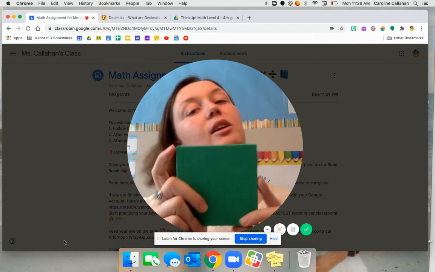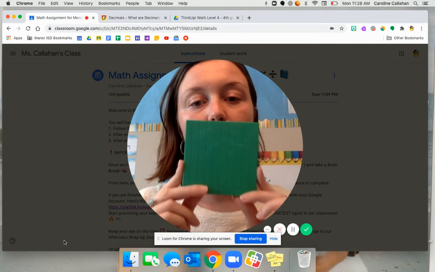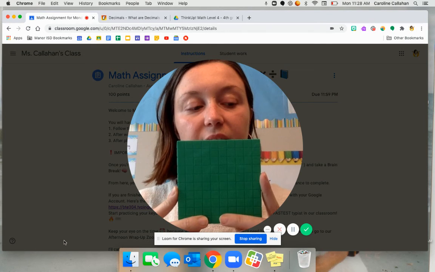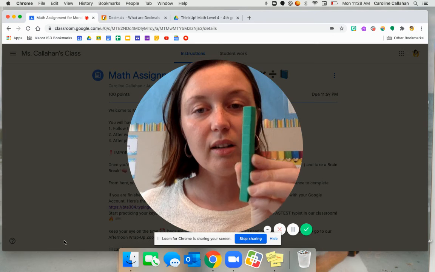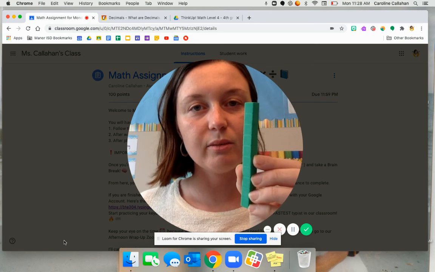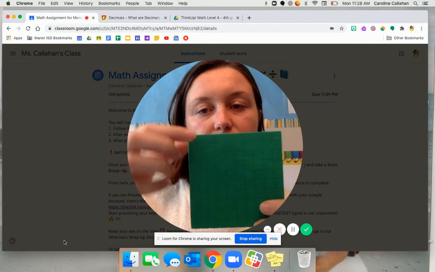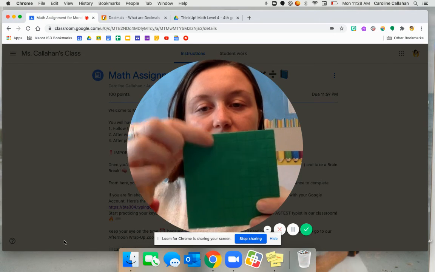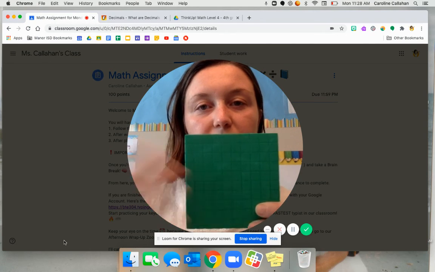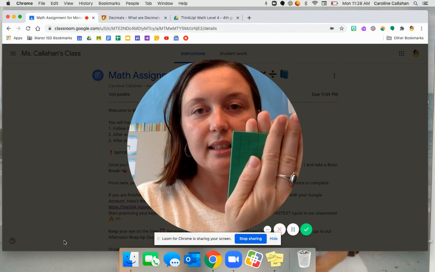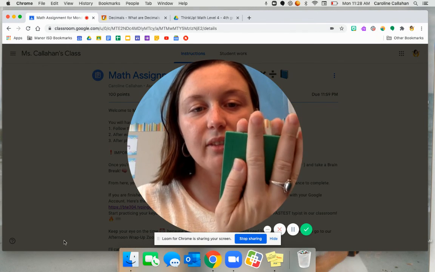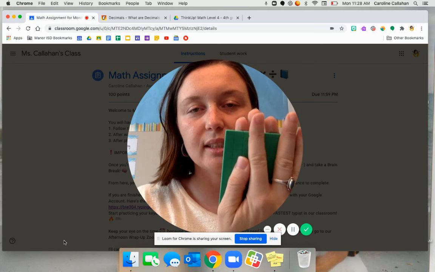Same thing goes for 100. 100 divided by 10 equals 10. So there are 10 longs in this, and when we divide it by 10, we get 10. So 100 divided by 10 equals 10.